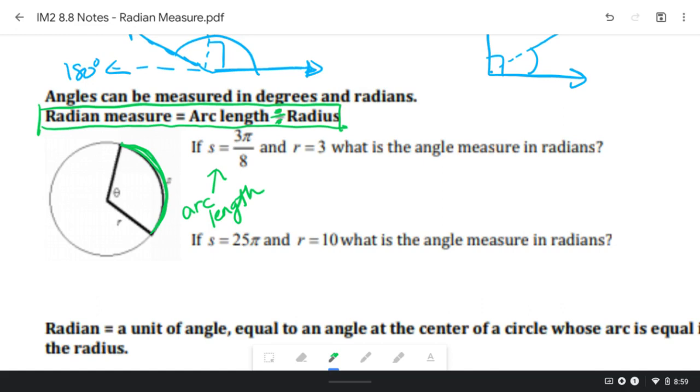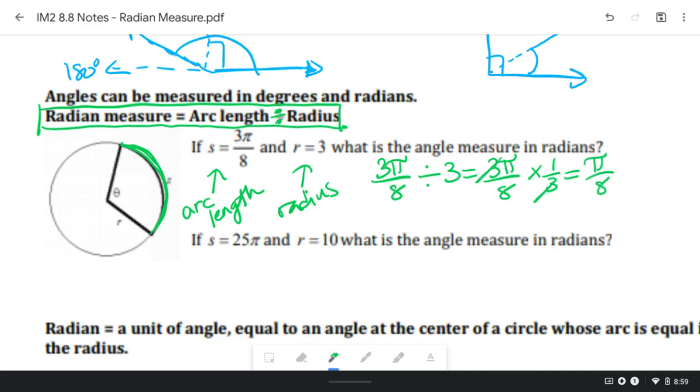And then this is our radius. So what we're going to do is 3 pi over 8 divided by 3. And then remember with fractions, you're going to take 3 pi over 8 times 1/3. Sorry, the 3s cancel out, which is pi over 8.